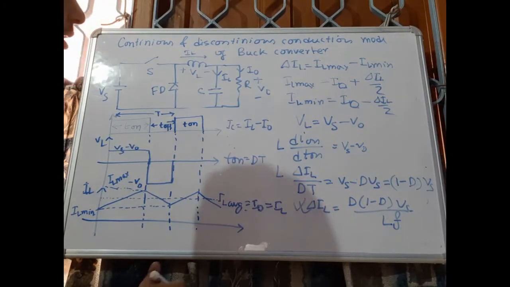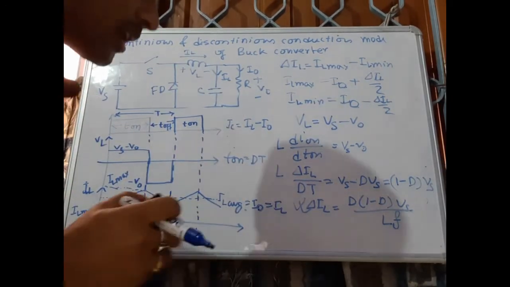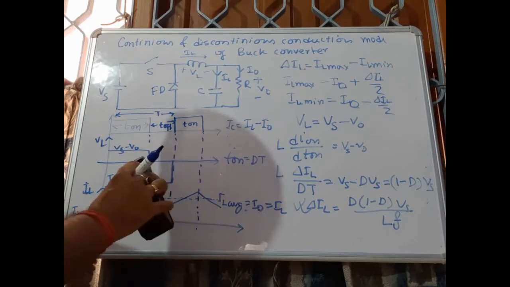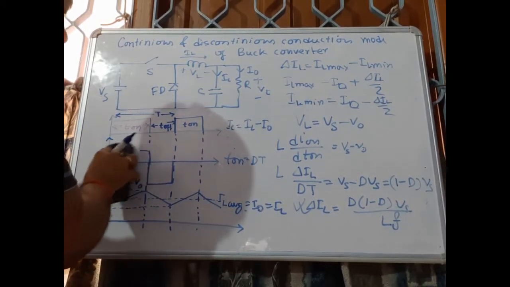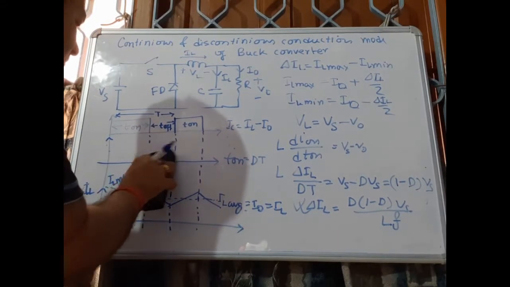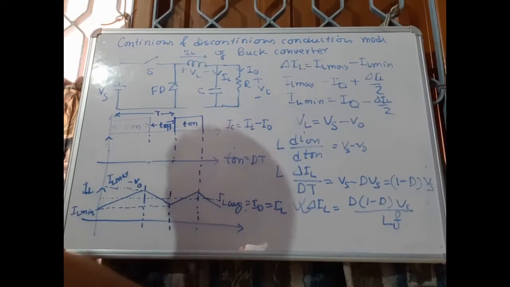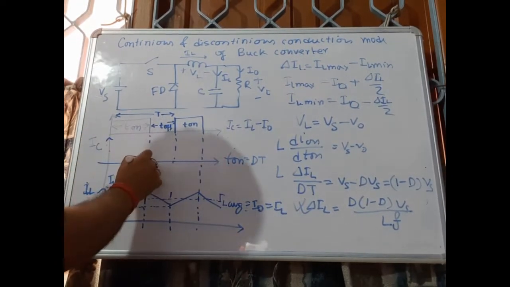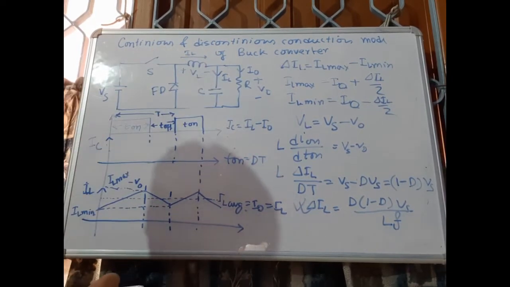Now if I want to obtain the voltage ripple across this capacitor, for this I have to draw the capacitor current first. The capacitor current is actually IL minus I0.